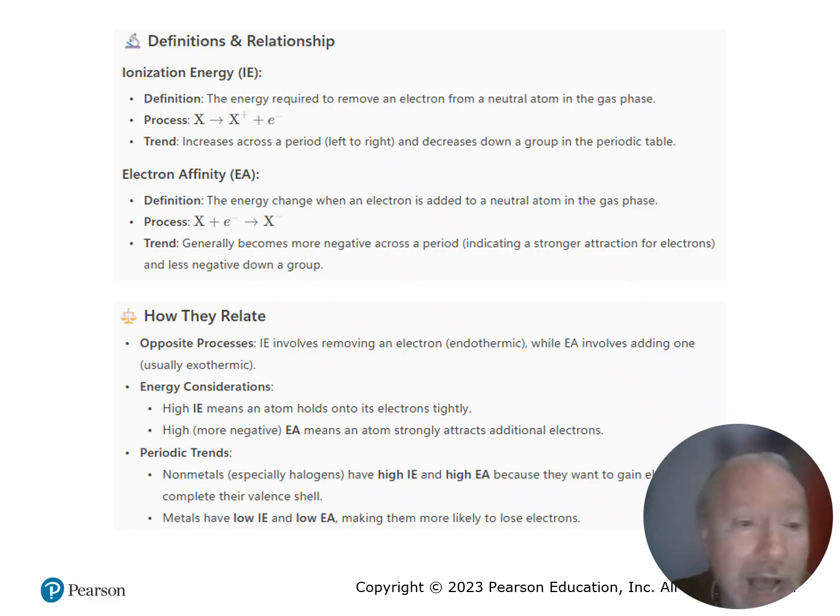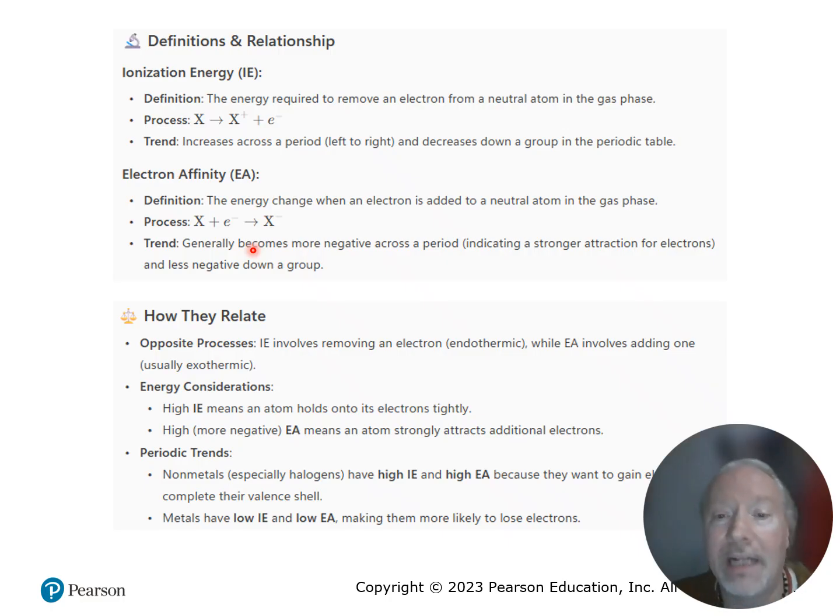Electron affinity, the process as we see here, an electron is gained and it becomes a negatively charged species. You can hardly see that negative sign, but it is a negative on that atom. It becomes more negative across the period. So as we go across the period, we're adding protons, but we're not adding any core electrons, and we're going to therefore increase the electron affinity.